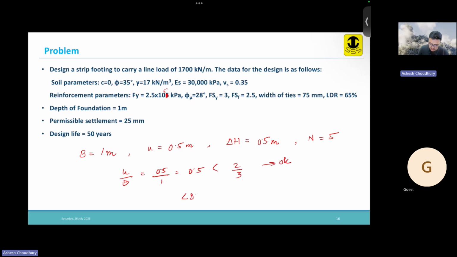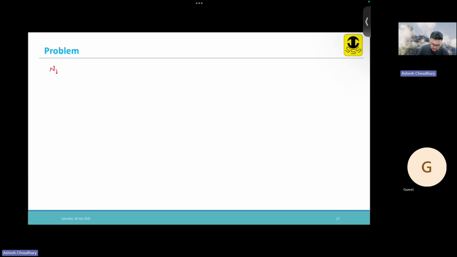Now LDR is what? W times NR, right? Now my NR is what? LDR is 65%, so 0.65 by 0.075, because 75 mm is the width of the ties.